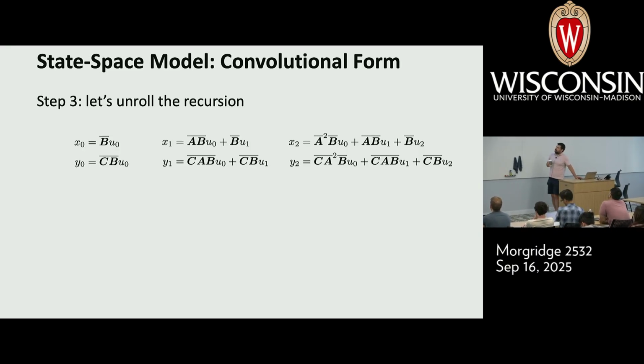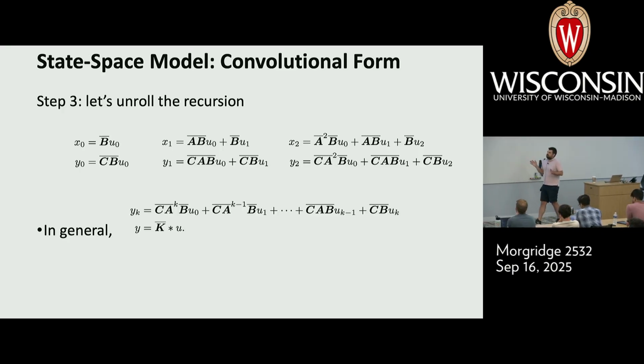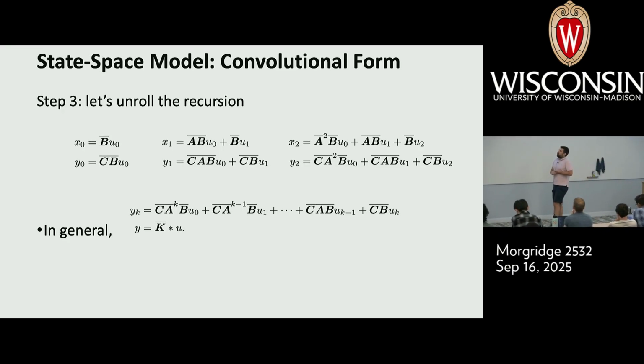Another longer equation. Okay, my x2 is equal to A times x1, which is AA, or A squared, Bu0, plus ABu1, plus B times the current input, which is u2, so Bu2. And y2 is exactly that with C's everywhere. Everybody agree? Okay, so I'm plugging and chugging stuff in. I'm just following the recursion from its starting point again and again and again. But in general, I'll get the following form. Let's look at this output. It's always going to look the same.